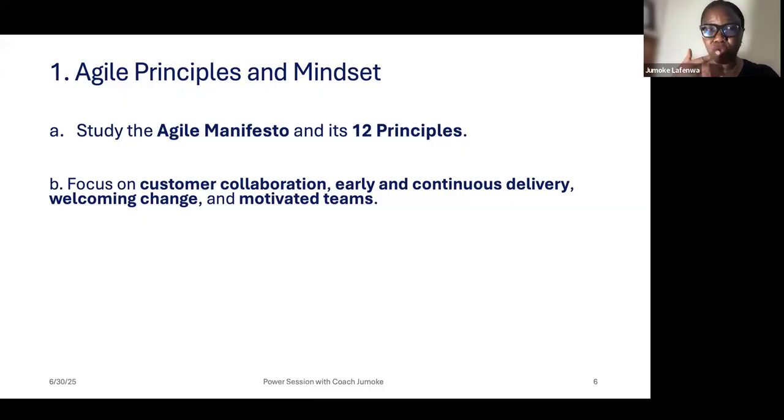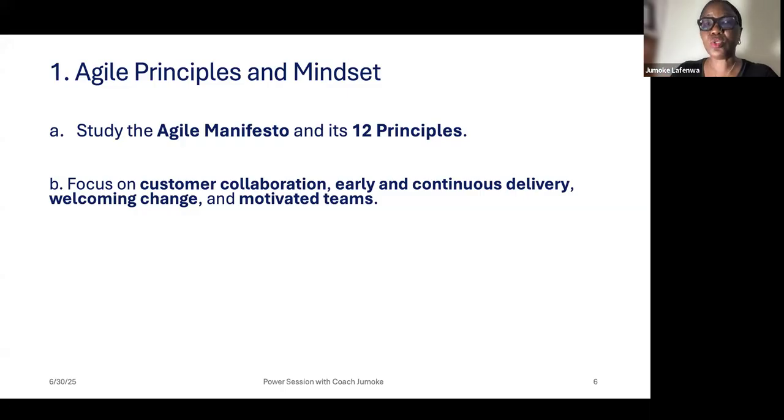That is why you have the iteration, because at the end of every iteration, you are delivering something that will contribute to maybe a release in 6 weeks or 8 weeks. We know that an iteration should be between 1 to 4 weeks.